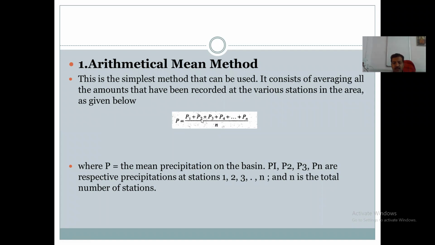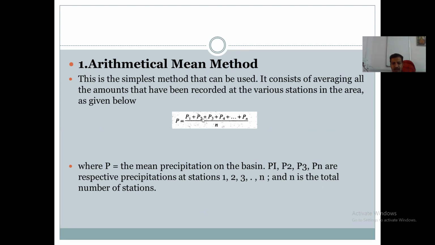This addition of all the precipitation values is then divided by the total number of stations, which gives the mean precipitation of that basin. So this is the formula for calculating the mean precipitation on the basin area.